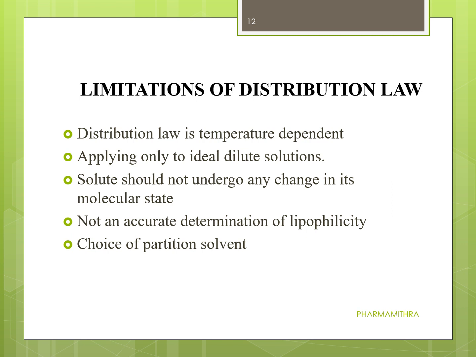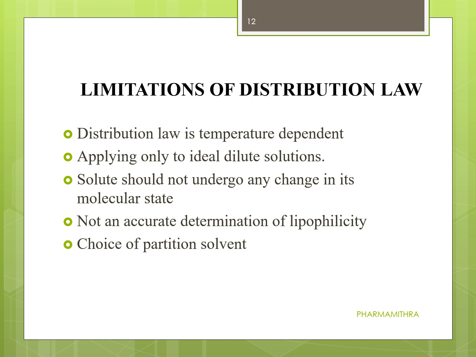And the next limitation is that the partition coefficient or partition constant is not an accurate determination for ionizable compounds. This means in the case of ionizable compounds, we cannot accurately determine our K value. And we want to find out the partition solvent.